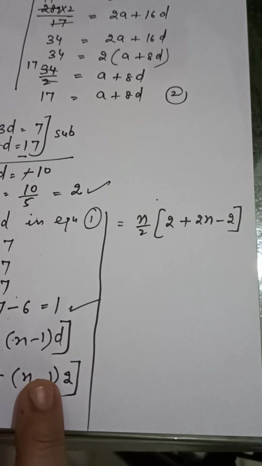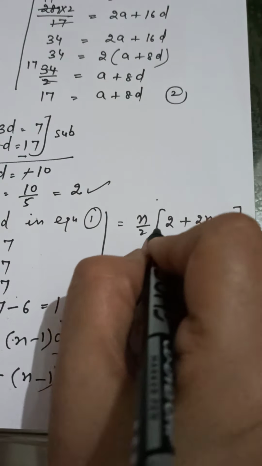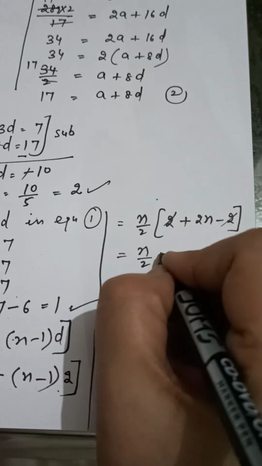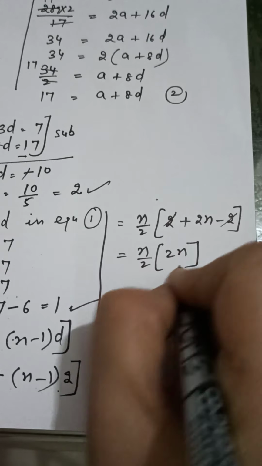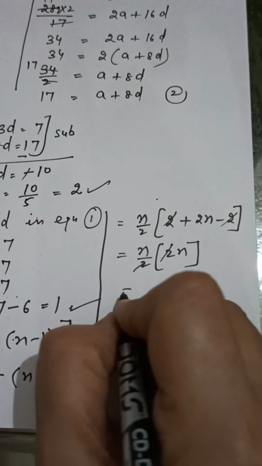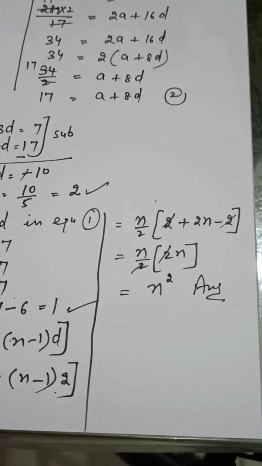When we multiply these, we get 2n minus 2. Minus 2 plus 2 cancelled. What is left? N upon 2 and 2n is left here. 2 and 2 also cut here because when we multiply this, we get n into n, that is n square, which is your answer.